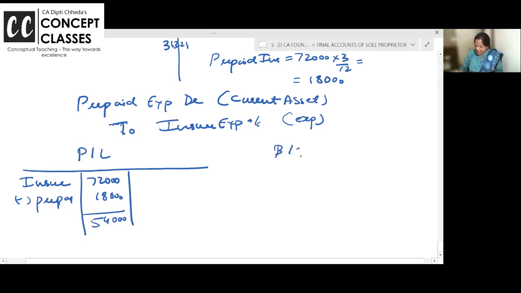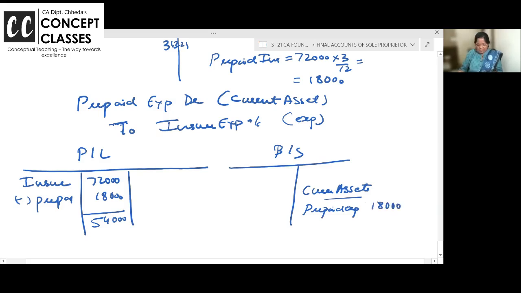And in the balance sheet, in the current assets, we will write prepaid expense, that is 18,000. Good, is it clear, did everyone understand? Prepaid expenses 18,000.